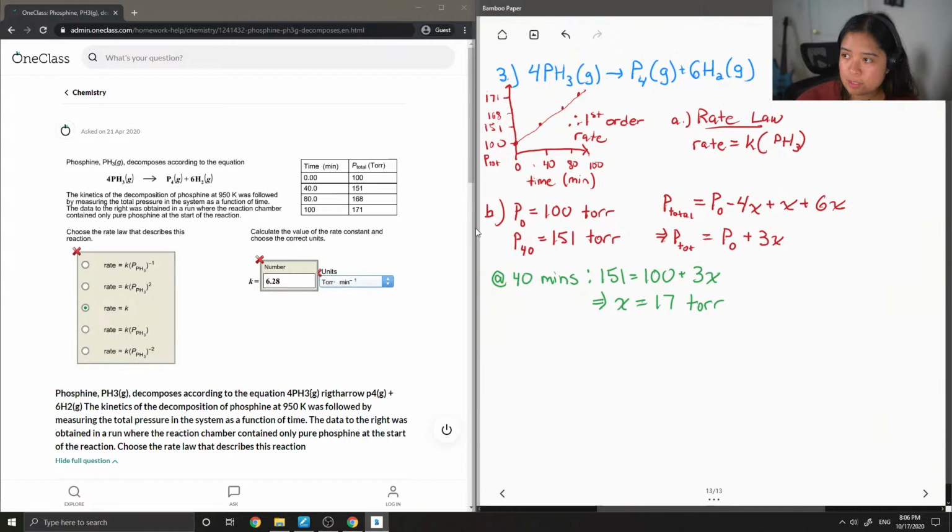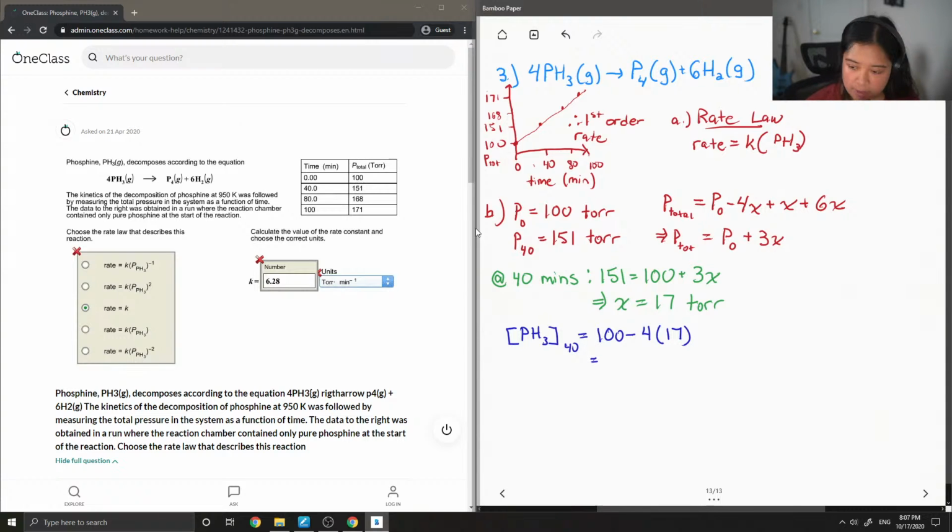Okay, so from here, I can now calculate the concentration of the phosphine at 40 minutes. So this is going to be our initial minus the 4x, and then I'm going to sub in 17.